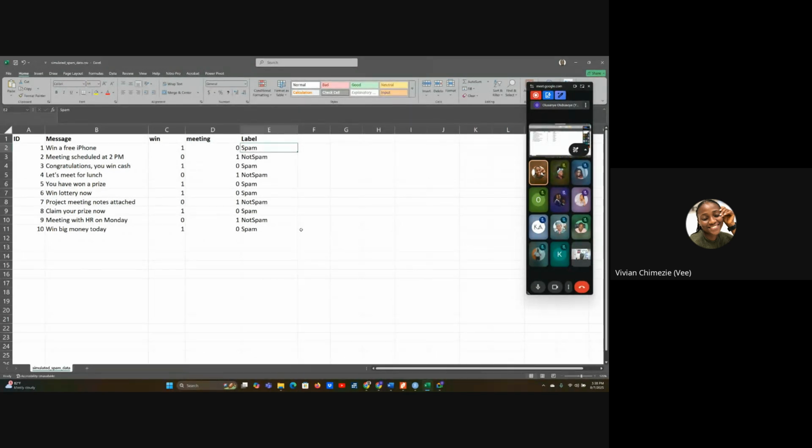And the second one: when you showed the real message, I spotted some wrong annotation. So what if we have wrong annotation? Say in a message where there is no meeting, we are tagging it as there is meeting. And a message where there is no win, we're tagging it as there is win. And in the message where there is no win and meeting, we are saying that there's both win and meeting. How will this affect our results, or the training of the model? Because the goal is to train a model.